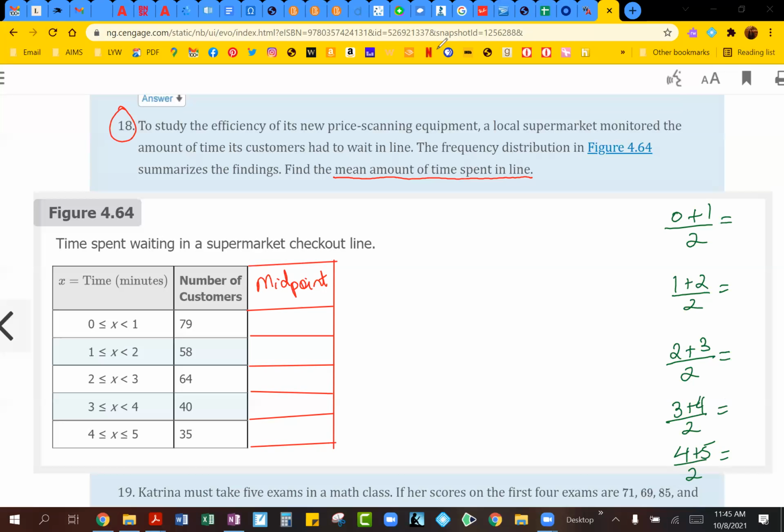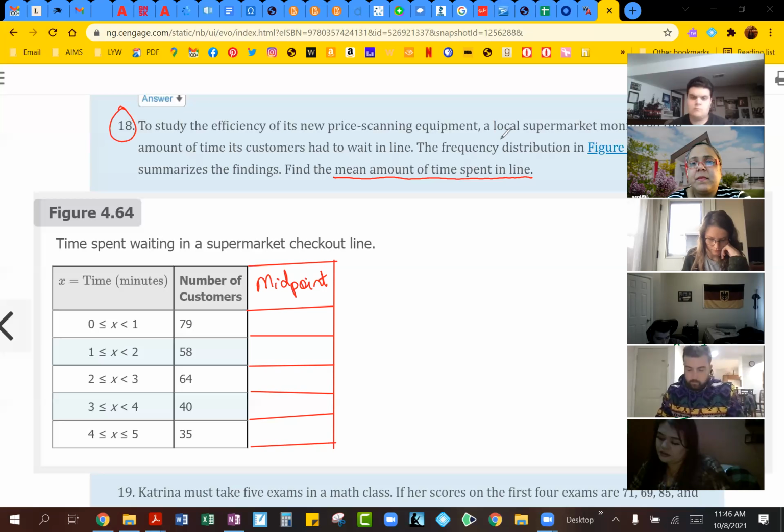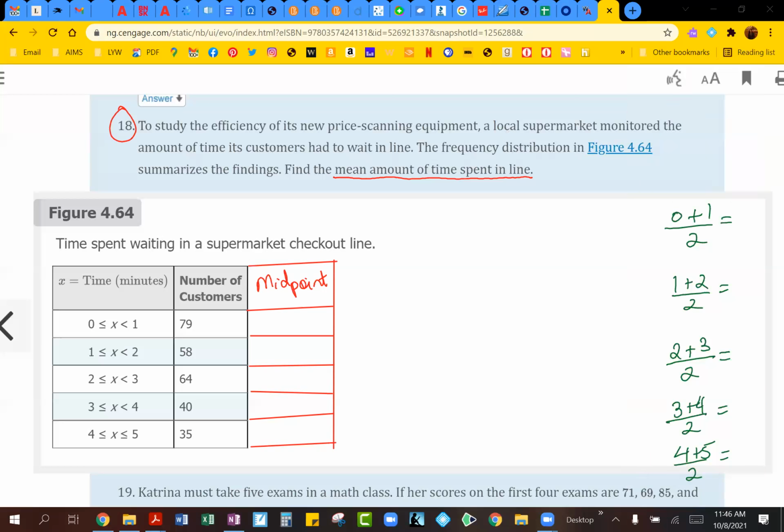So finding the midpoint for each one of the intervals. And I would say let's leave them as decimals, because I have a feeling we're going to get fractions as our answer for most of these.